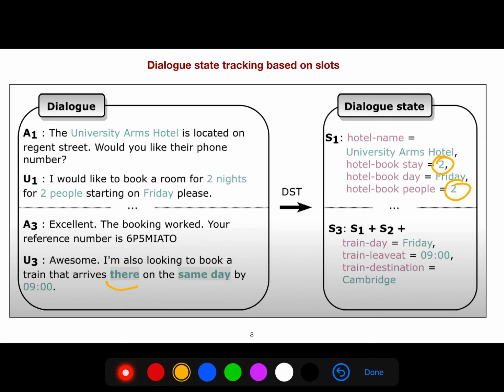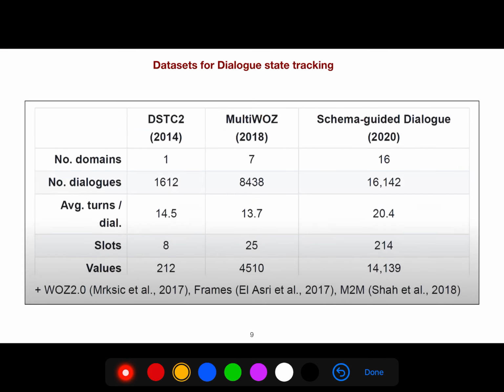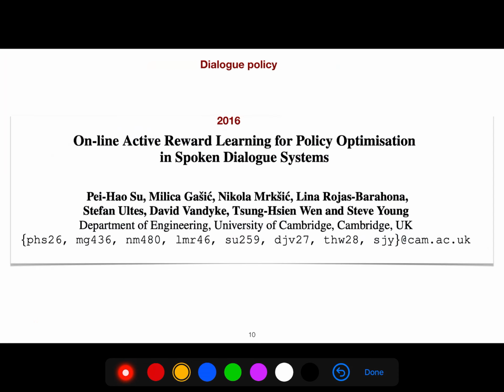Let's say, the same day, it should understand. It should remember the previous utterances so that it could be related. So it's like co-reference, and that's why the problem is really hard. And there are lots of data sets for dialogue state tracking.